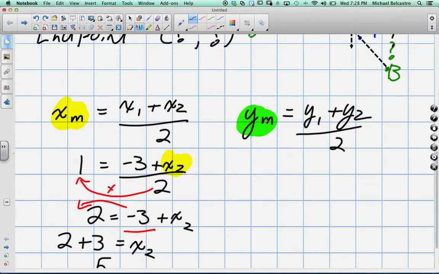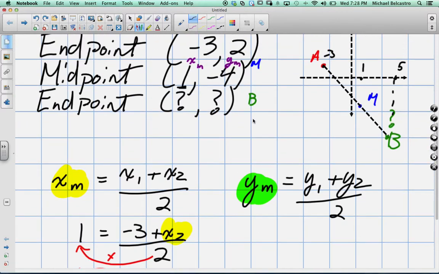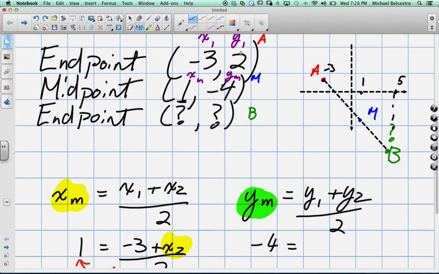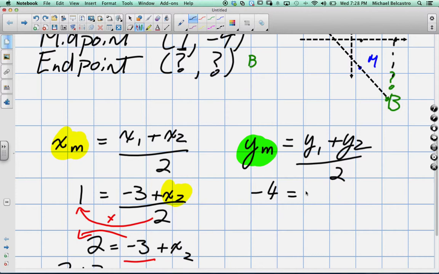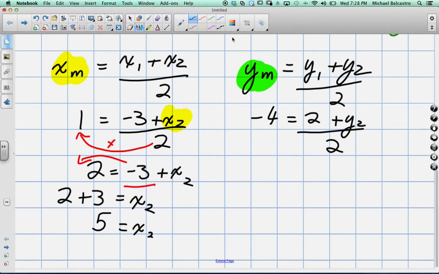Okay, and our ym, let's do the same thing. ym is -4. So -4 is equal to y1, which was our value of 2, plus y2, over 2. Do you think you can walk me through this one? What would I do as my next step? You take the 2 and you multiply it.